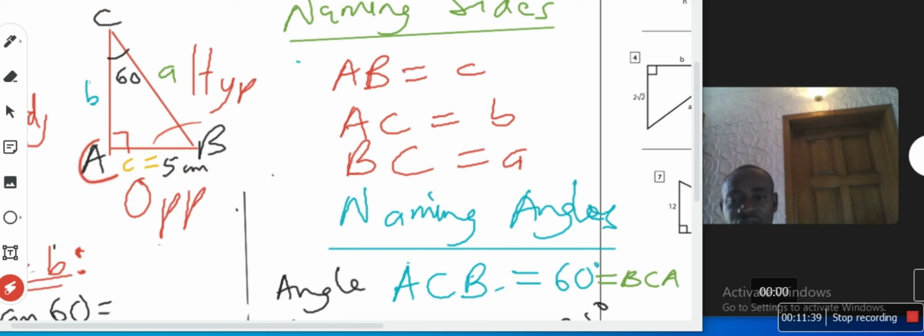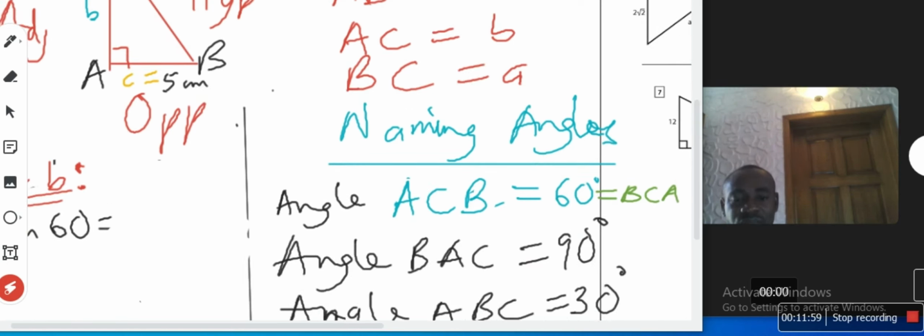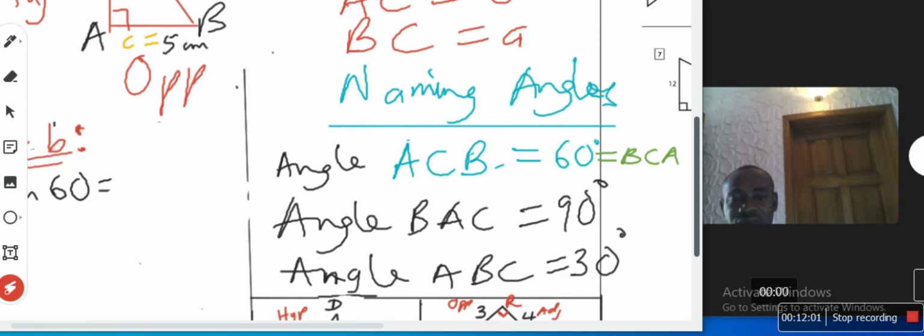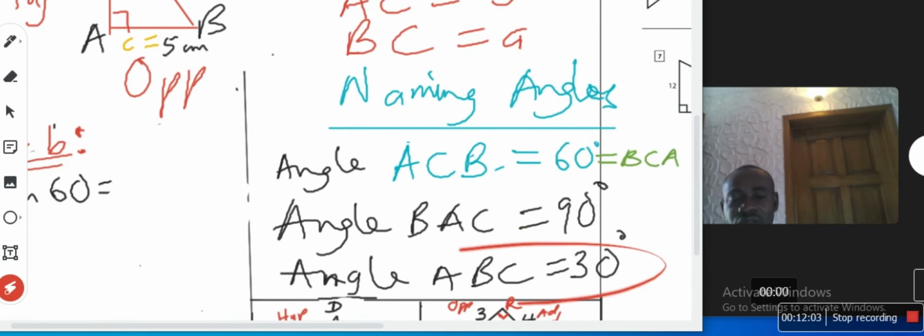It's not 90 degrees. You know the sum of angles in a triangle is 180. So what should be the value of this one? This is 90 and 60, so this has to be 30. ABC should be 30 degrees, which is this.